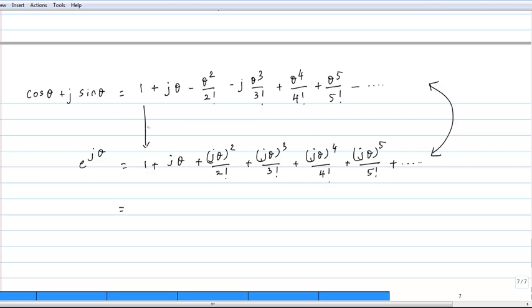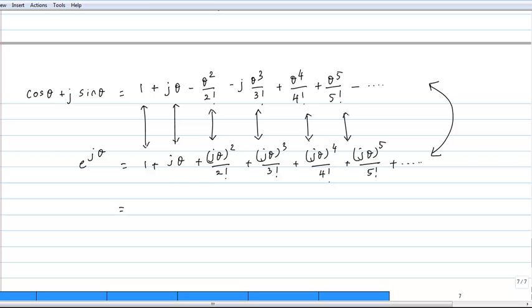These two terms are the same. Clearly these two are the same. Now since j squared is equal to -1, these two are the same. And since j cubed is the same as -j, these two are the same. Now j to the power 4 is 1, so these two are the same, and j to the power 5 is j, so these two are the same.